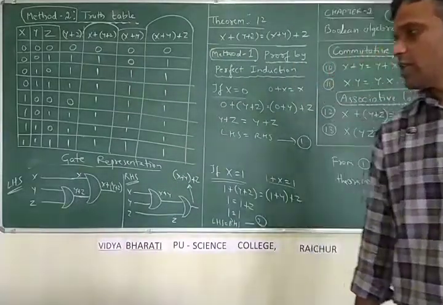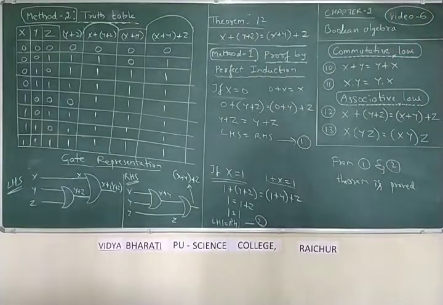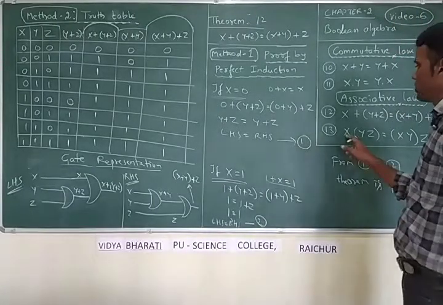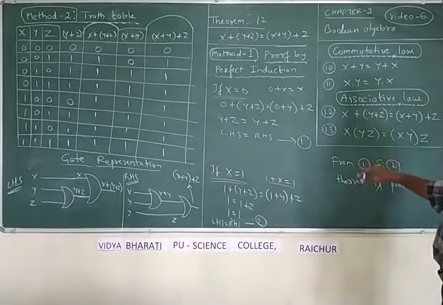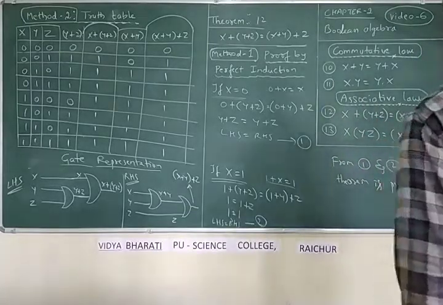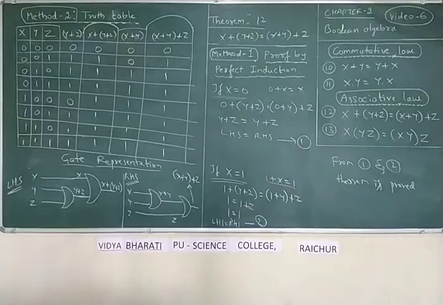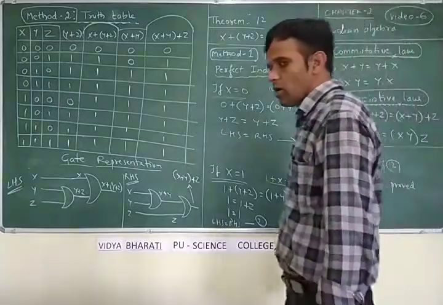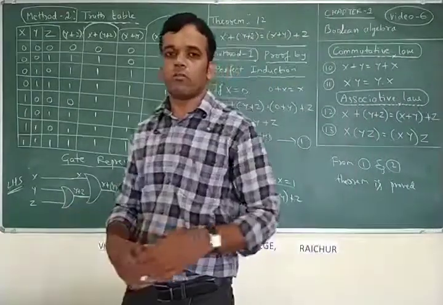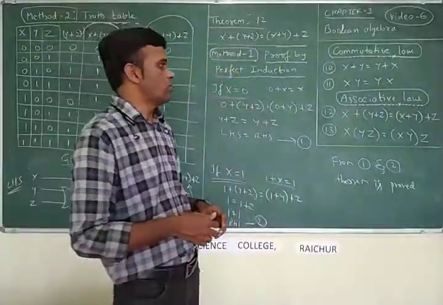Okay. In the same way, we have to go for the next theorem. Here instead of OR operations, we have AND operations. I will leave this one as homework for you people, so try to solve it.